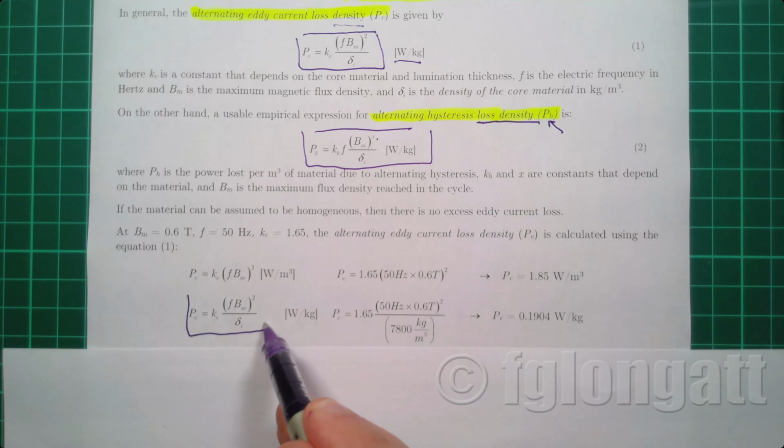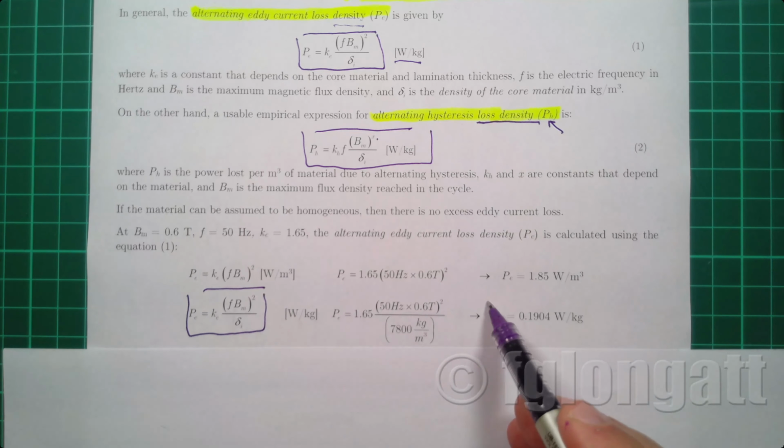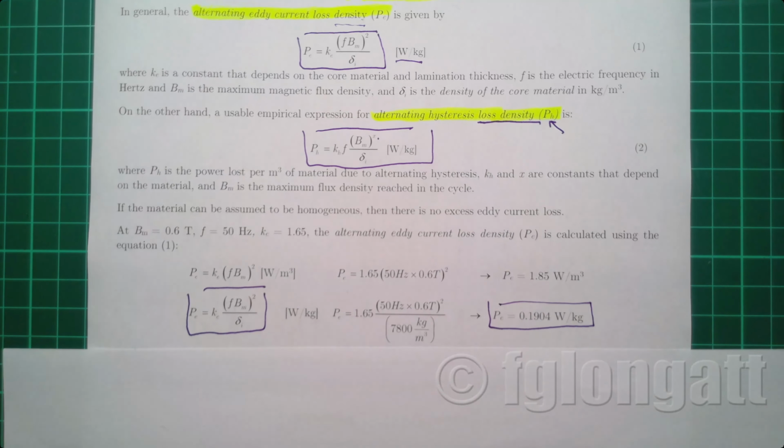To be honest, this is the equation that I will be using in the following steps, because we want to obtain basically the alternating eddy loss density in watt per kilograms, because to obtain the total losses, we need to multiply for the case of 2 kilograms.